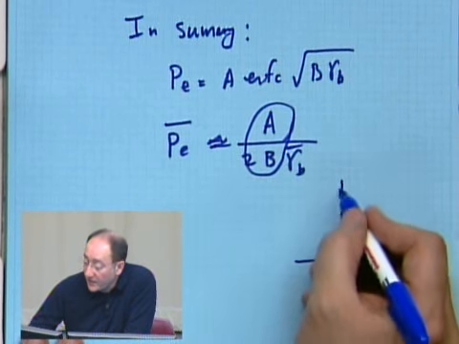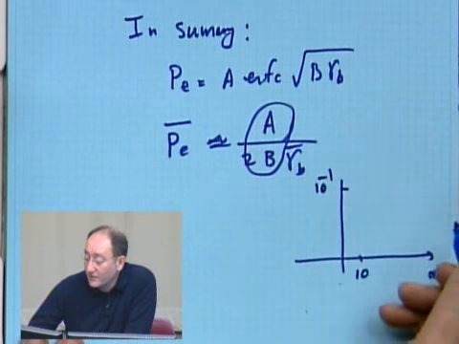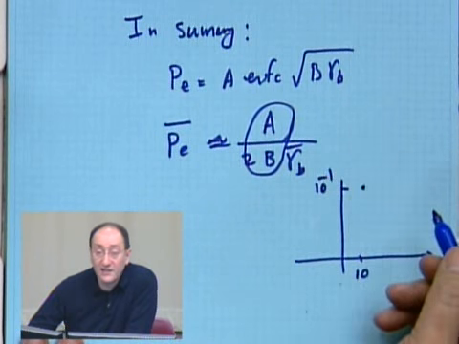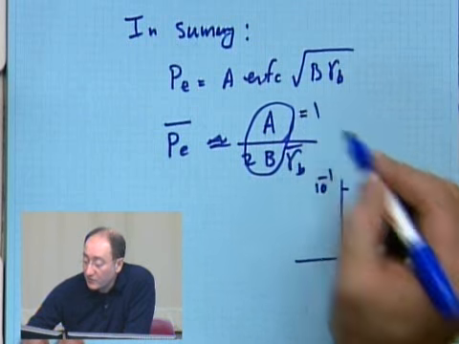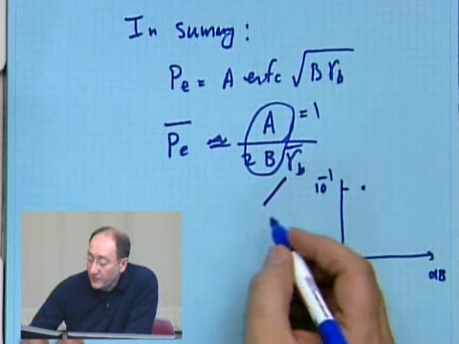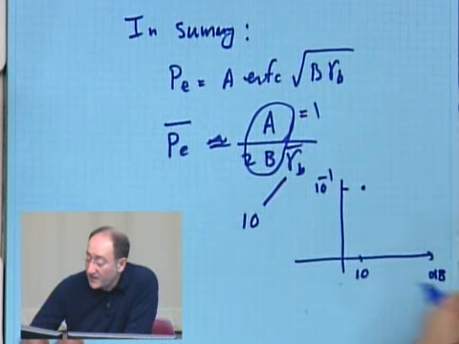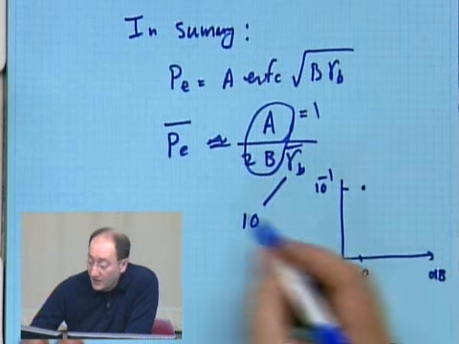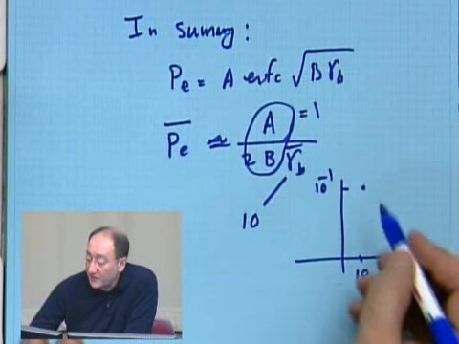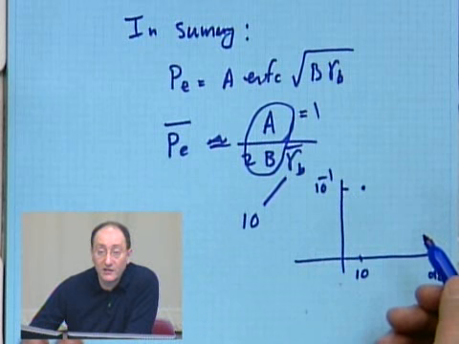So this is 1 over 10, so 10 to the minus 1. Okay? Do you follow what I say? If I assume these two equal to 1, for gamma sub B equal to 10, which is 10 dB signal to noise ratio, PE is 1 over 10, which is 10 to the minus 1.